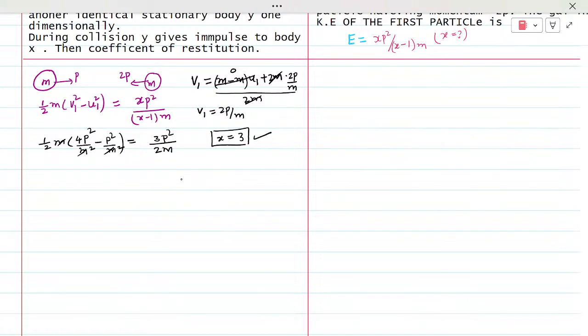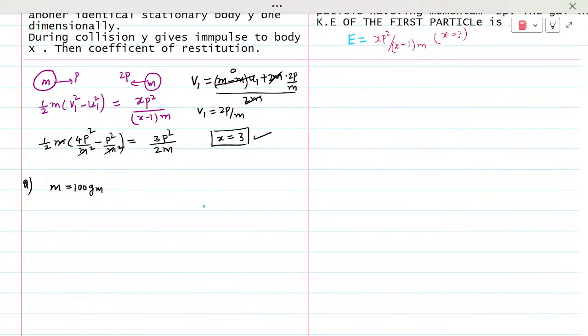Here there is a ball of mass M equal to 100 grams, 200 grams, 300 grams, whatever. Here M equal to 100 grams is given.